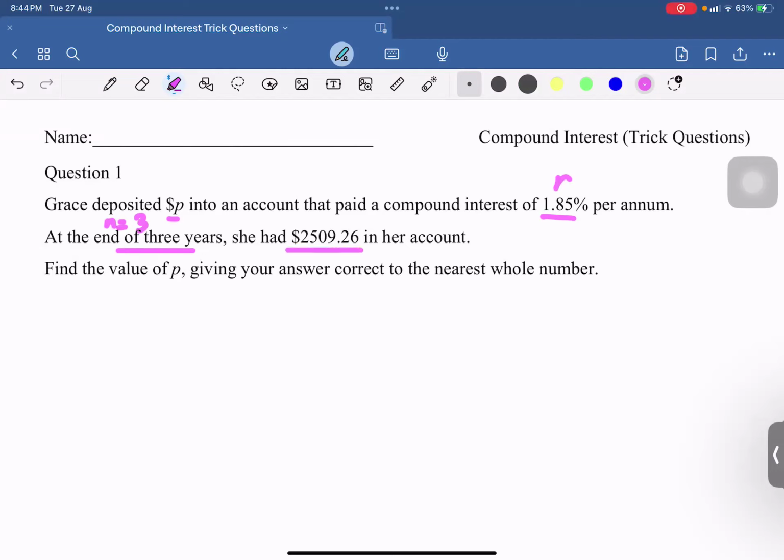Question, is this the total amount or is it the principal amount? Principal. Oh, read the question again. Total or principal? Because the principal, do they know the principal that this started with? They don't know, right? So this one is the work backwards question. So this one is your principal amount, but this one is your total amount.